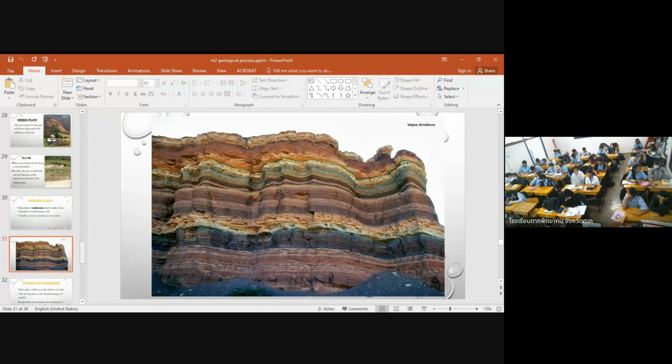So that is the example of the rocks in sedimentation or sedimentary rocks.